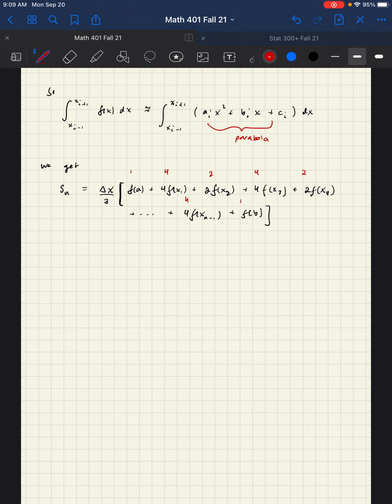So the important pattern here is it goes 1, 4, 2, 4, 2, 4, 1.